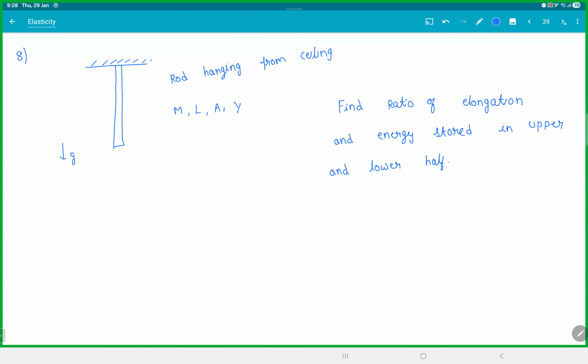Area is the same, how can it be same? Tension in the upper half is more than the lower half. That much was clear. So shouldn't the upper part stretch more than the lower half?